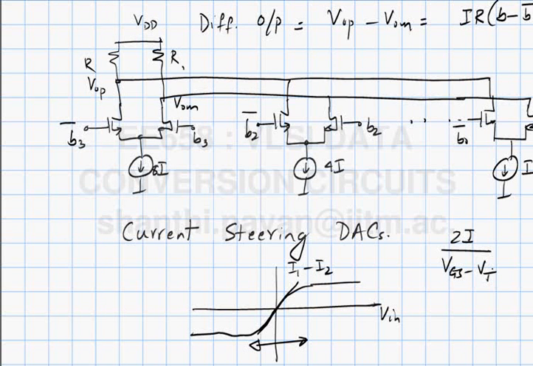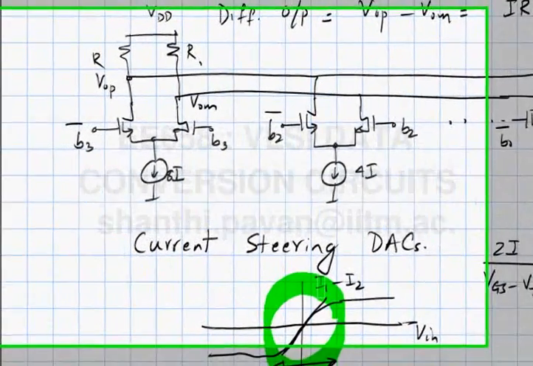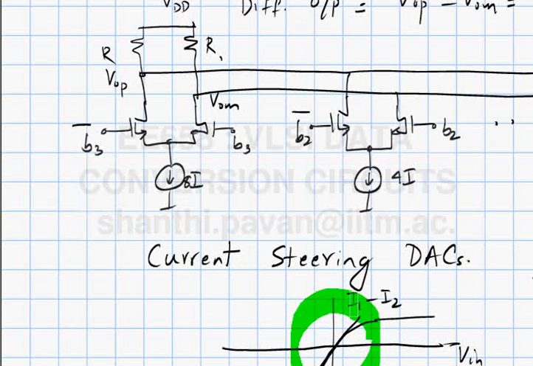Okay. So at any rate, this transition region, which is what we'd like to operate in typically in analog applications, is precisely what you don't want here, right? You want to be able to switch quickly. So in other words, the difference between the two voltages required is only of the order of a few VGS minus VTs.